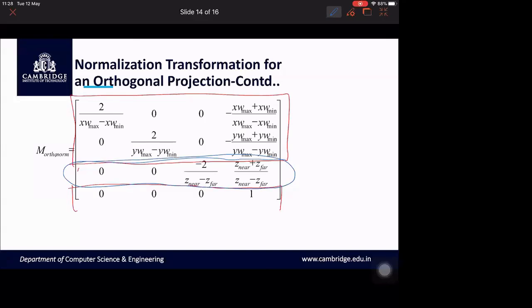Correct? Now, for this, what is this? This was our Sx, right? Sy, this is Sz. This is Tx, Ty, and this will be Tz, right?